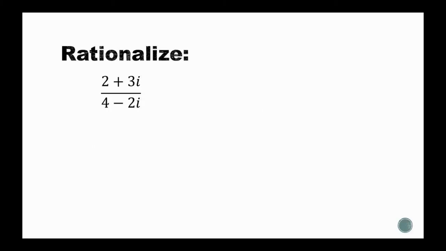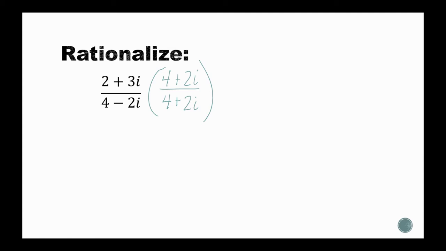Okay. So what is the conjugate of the denominator? So we're going to multiply both top and bottom by that conjugate. What allows us to do that? What is 4 plus 2i over 4 plus 2i? 1.